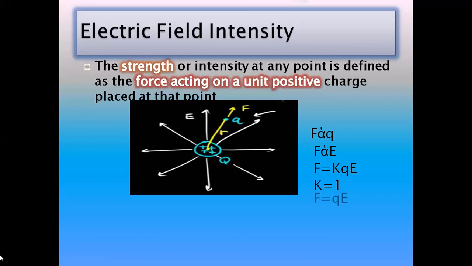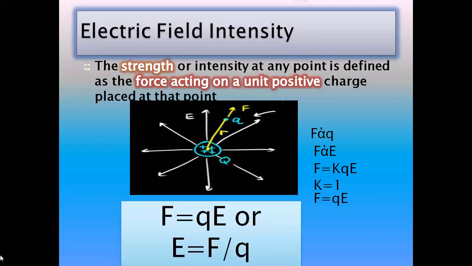We can write the equation as F is equal to Q into E. F is the electrostatic force acting on a test charge Q, and E is the electric field intensity around that source charge. Finally, we can solve the equation F is equal to QE, or E, the electric field intensity, is equal to F by Q.